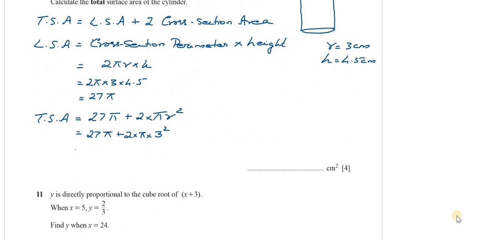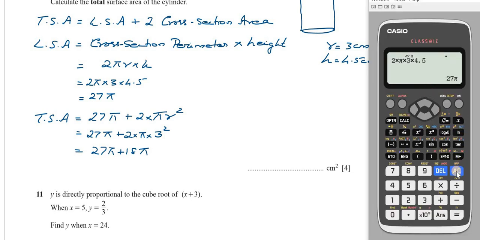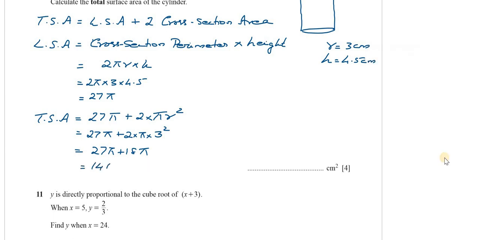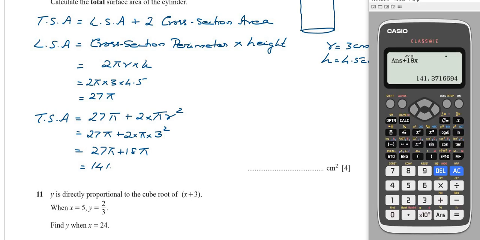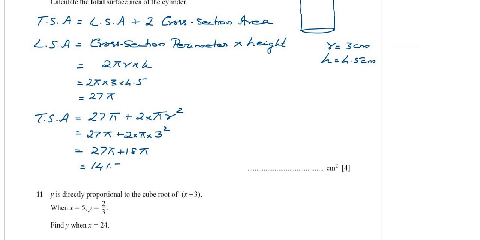Now we will find the answer here. This will be equal to 27 pi plus 18 pi. Next step, you can use your calculator and finish the answer there. So 27 pi plus 18 pi gives 45 pi, and when you change it into decimal, it comes to 141.37.